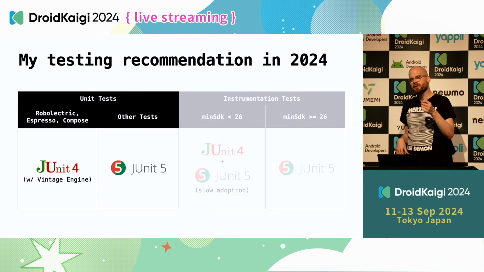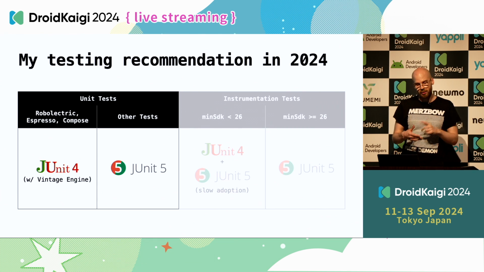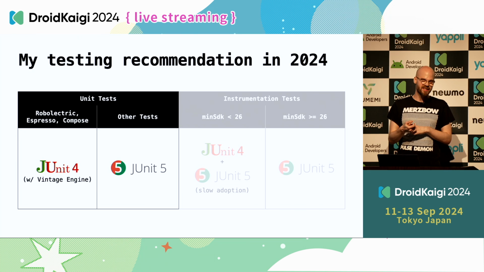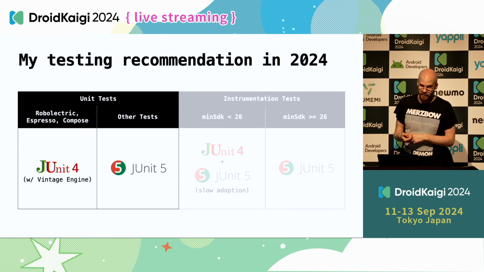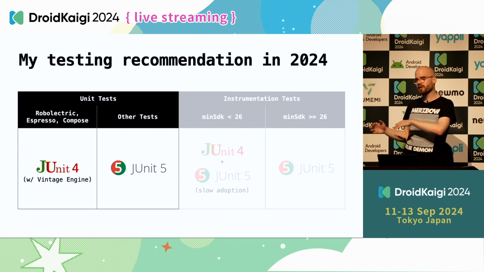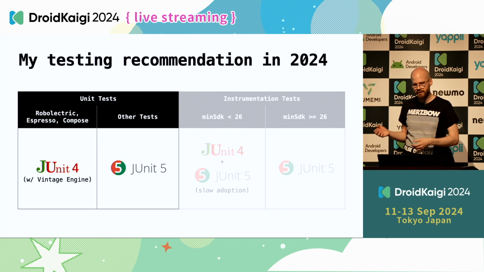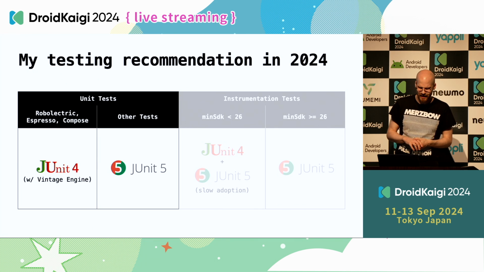So if you have unit tests that use Robolectric or Espresso, Compose, then you may want to stick to JUnit 4 for now. Use the vintage engine so that the platform will find your tests, but use JUnit 4. We have to give it a bit more time before it's mature enough.